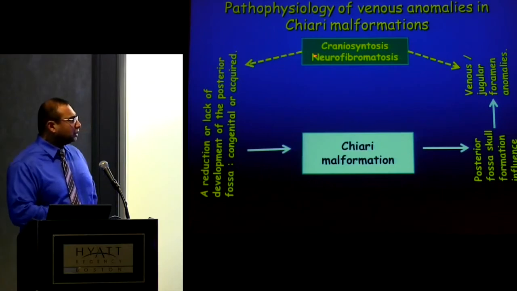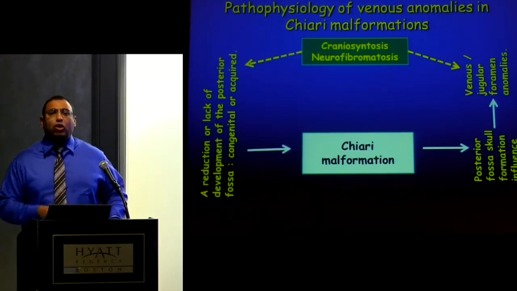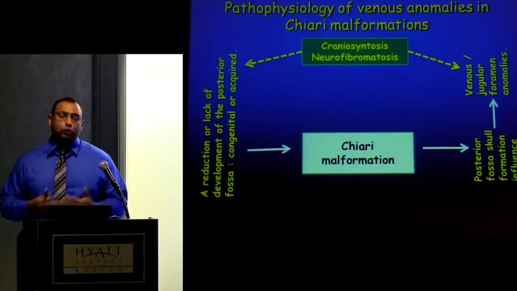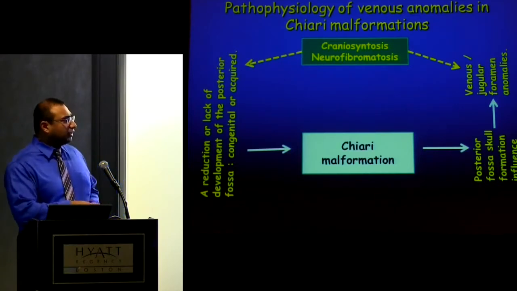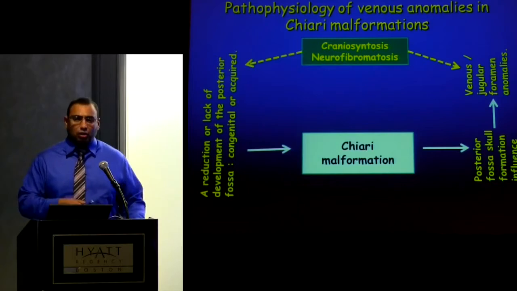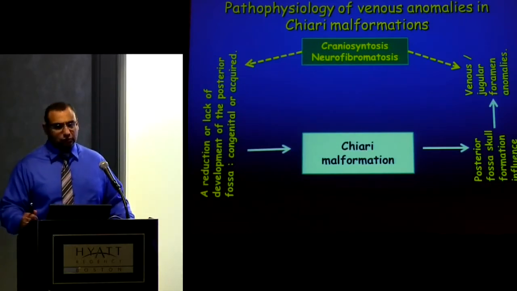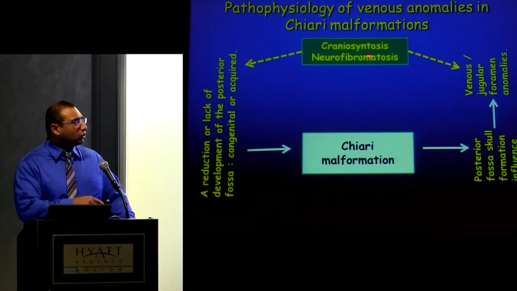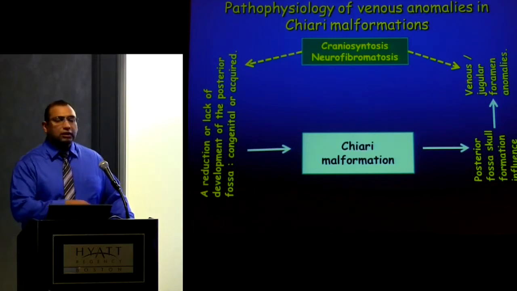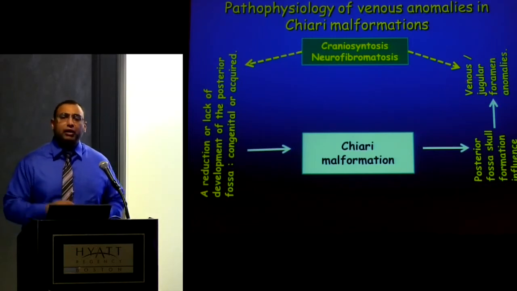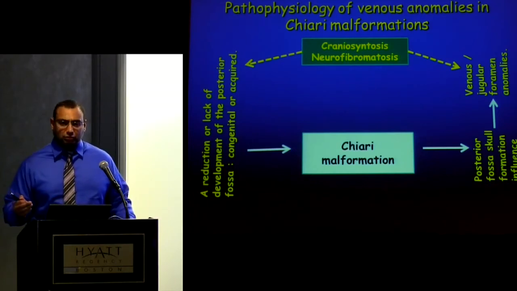One is that Chiari malformations can be precipitated by certain causes like craniosynostosis and neurofibromatosis, that can lead to a delay or even impairment of development of the posterior fossa. But these abnormalities can also affect the venous channels, independent of the Chiari malformation.